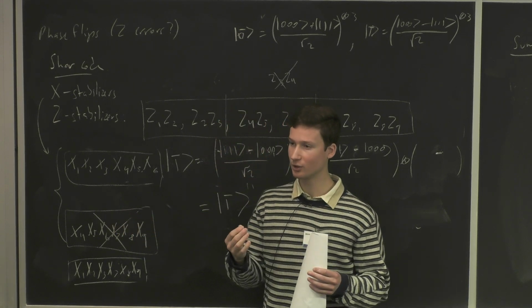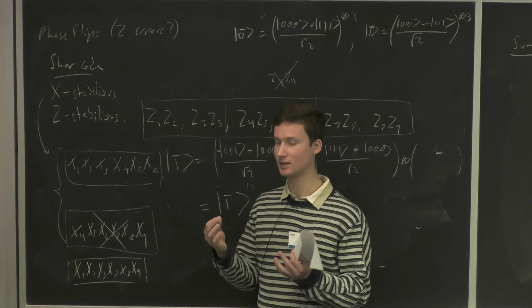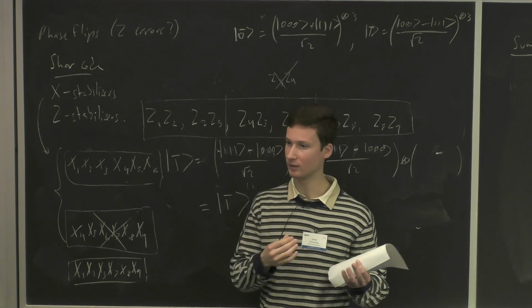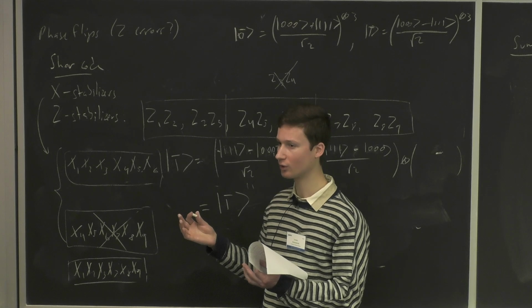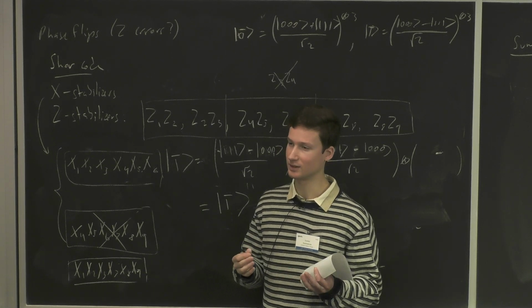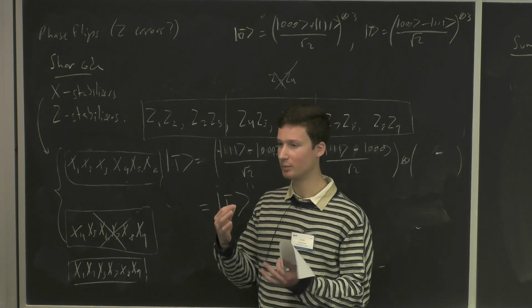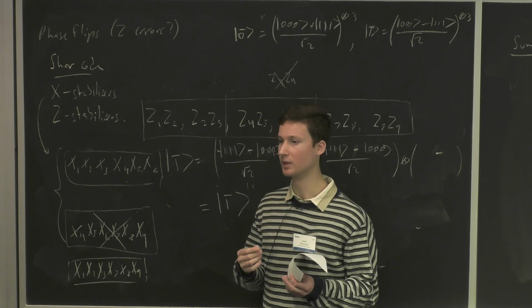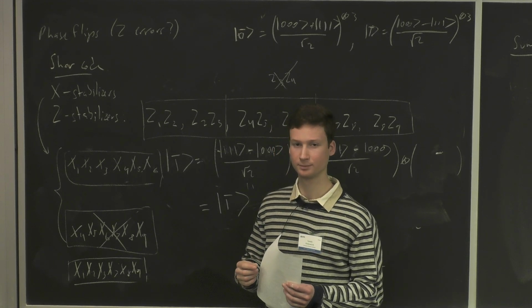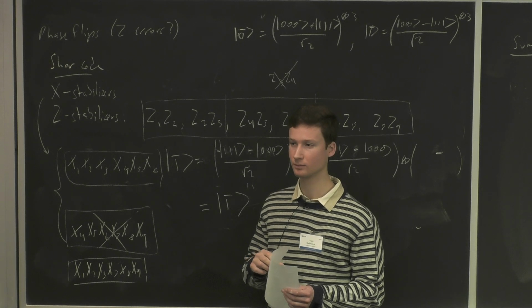If this code is a really good code, these n minus k stabilizers will allow us to correct a lot of errors. If it's a code like the short code, we may only be able to detect and then correct a single error. But in both cases, we'll only need to measure n minus k stabilizers.